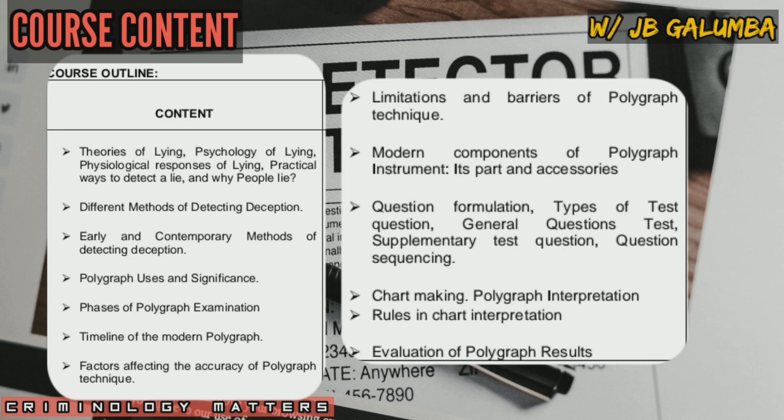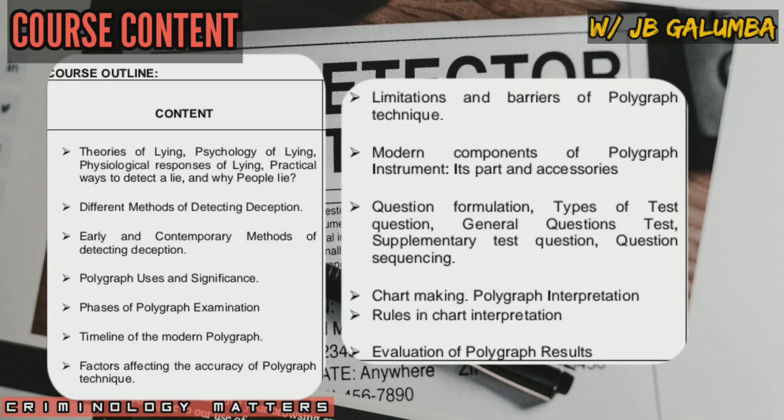And also we're going to be talking about the timeline of the modern polygraph. The components of the polygraph machine have already evolved into something more. Before, we had three attachments: the pneumograph, the galvanograph, and the cardiosphygmograph as the main three components of the polygraph machine.